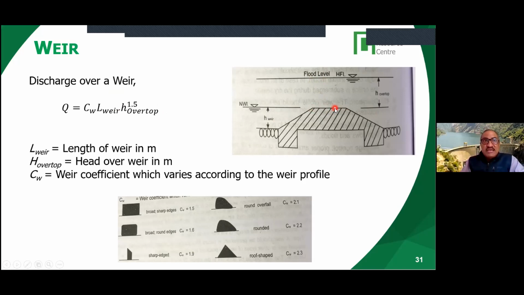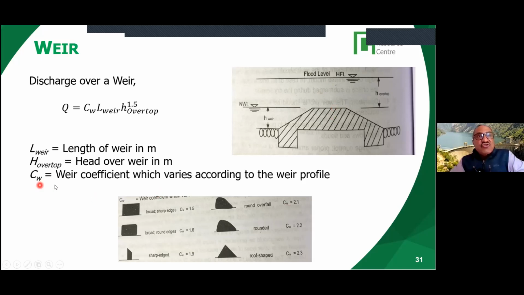So H will be Q divided by CW and L. Let us assume L is 10 meter. If L is 10 meter and the discharge is 10 cubic meter per second, what will be the height of the water level above the crest?